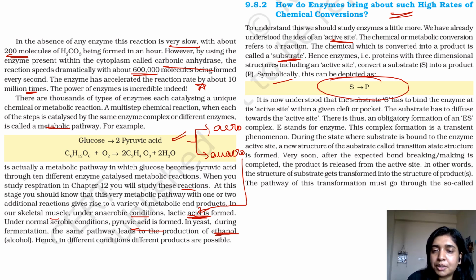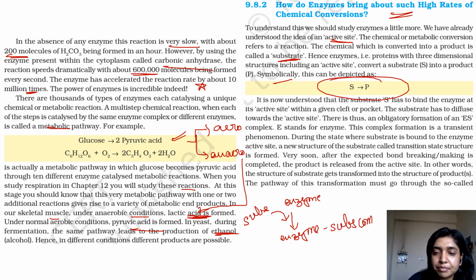It is now understood the substrate has to bind to the enzyme. So what happens? First of all, there is your enzyme. Then comes the substrate. It forms an enzyme substrate complex. Substrate comes at the active site.